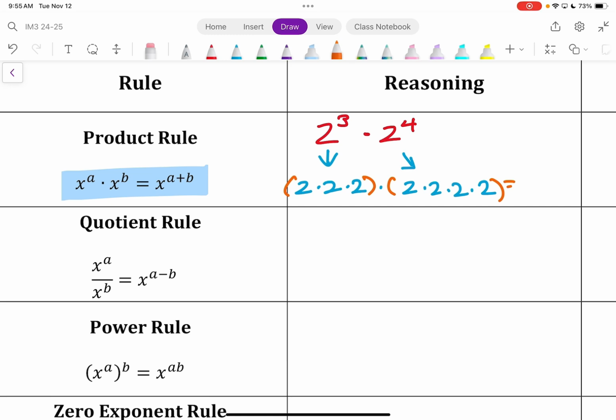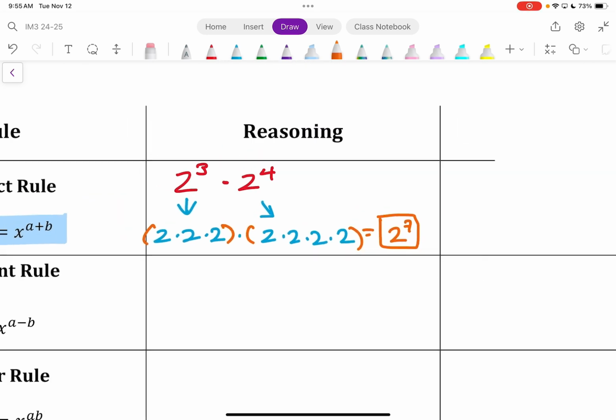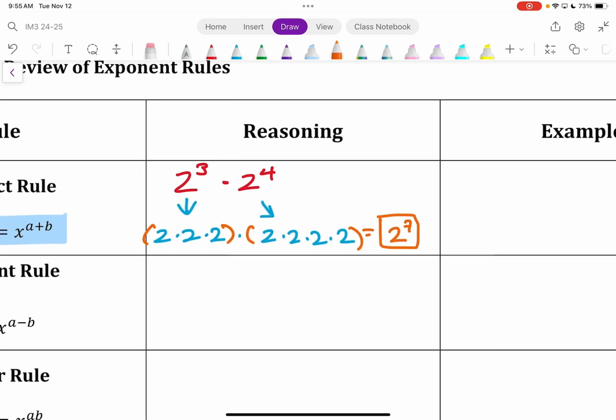I have 1, 2, 3, 4, 5, 6, 7. 7 times that I have 2 written out. So I could actually rewrite this as 2 to the 7th power. 2 to the 7th power is how I could simplify this. Now, obviously, that's just me expanding this and then condensing it at the end. But how does the product rule work then?